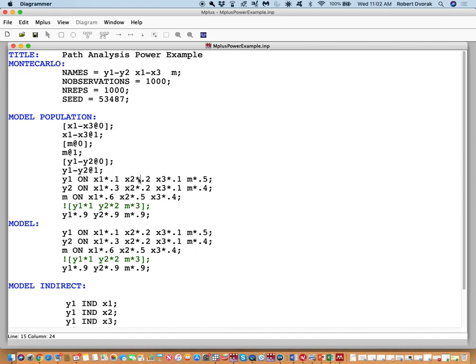Mplus will calculate a distribution. These ones up here are going to be fixed. Mplus will never change the standard deviation or the variance or the mean of those when you use the at sign. When you put a star, Mplus says, okay, the mean should be near this, and it's going to start with these Monte Carlo simulations, assuming that this is the average and that there's some variation around that average.